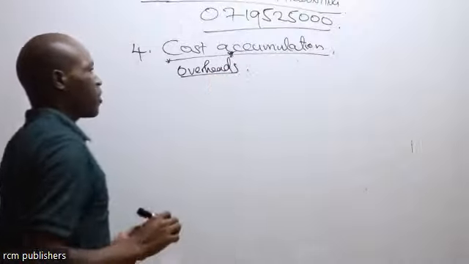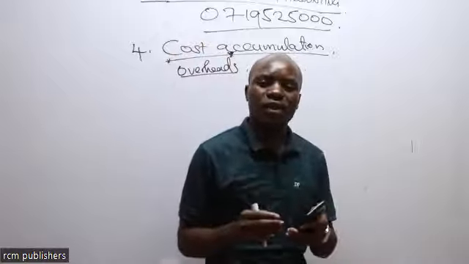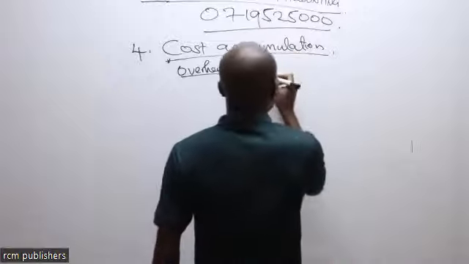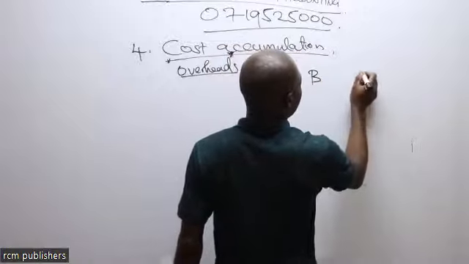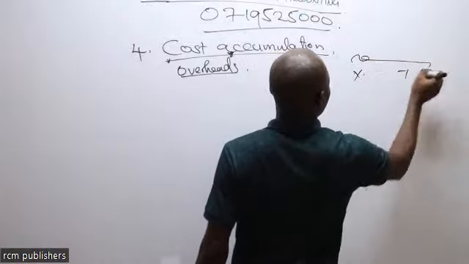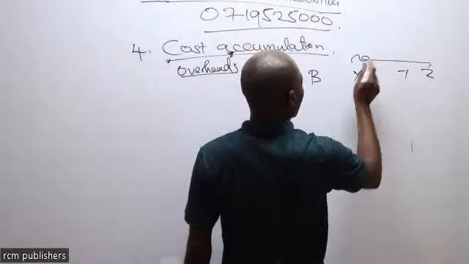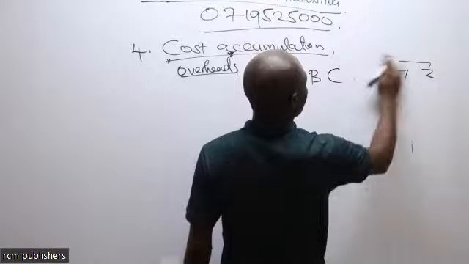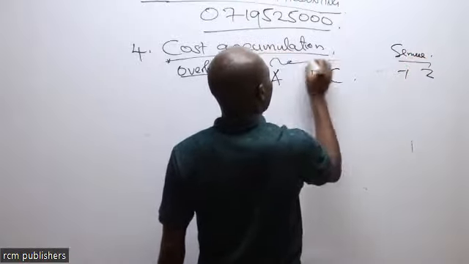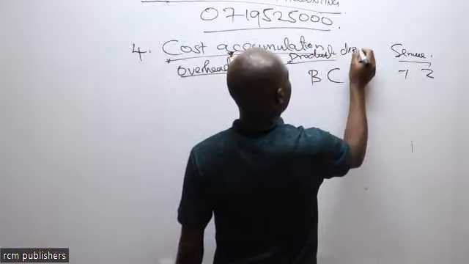For the overheads here, remember, for a company doing manufacturing, it is not that everything revolves around manufacturing or the production departments. No, there are those people in the service department. So these 2 are the service departments, and these ones here are the production departments.